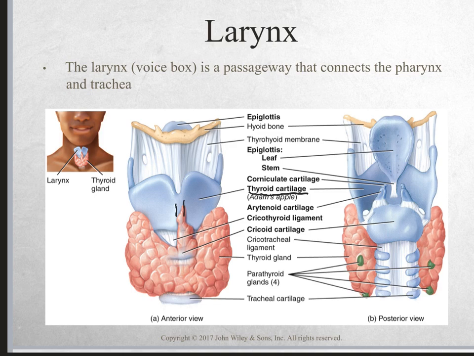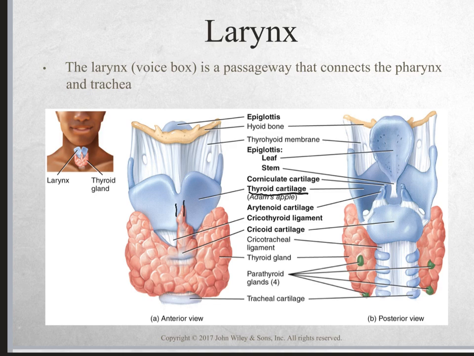Not saying that females aren't surging testosterone, they are just not as much as their male counterpart. So females do have this thyroid cartilage. Again, it's just not as large as it is in males because they're lacking that huge surge of testosterone.